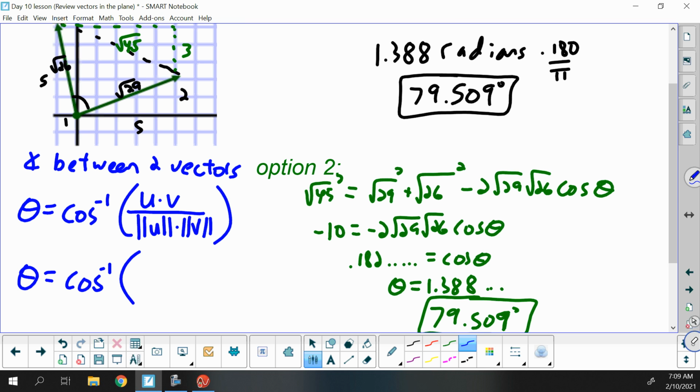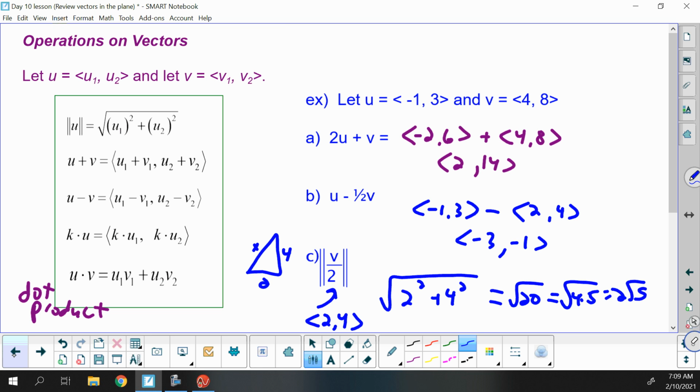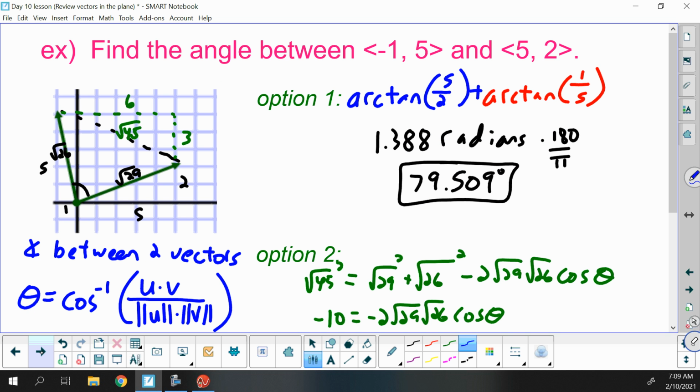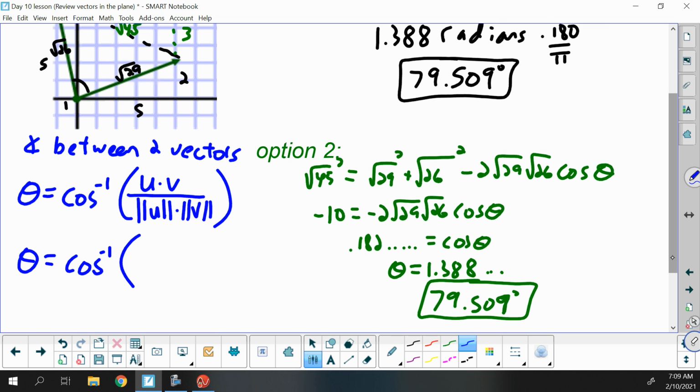Our dot product, if we go back, you multiply the x parts and then add your product of your y parts, and it gives you some value. So if we take our x parts and multiply them, we get -5. If we take our y parts and multiply them, we get 10. So -5 and 10 would give us 5 in the numerator. Our magnitudes of u and v, we already knew, were the radical 26 and the radical 29.